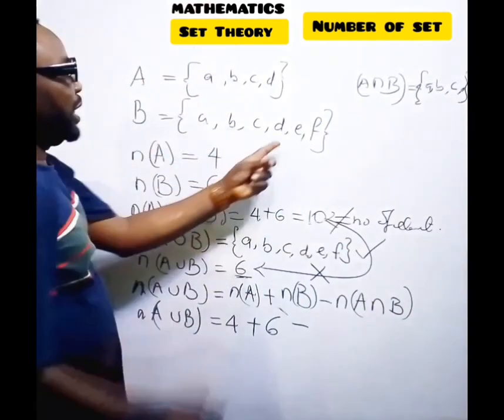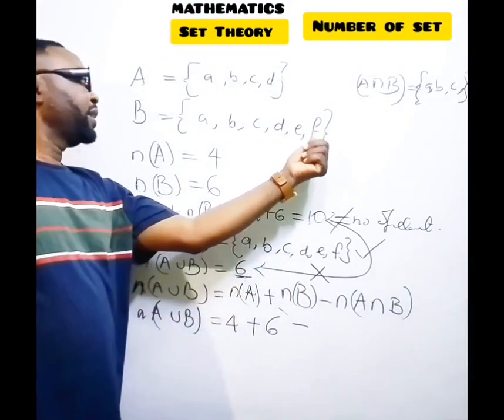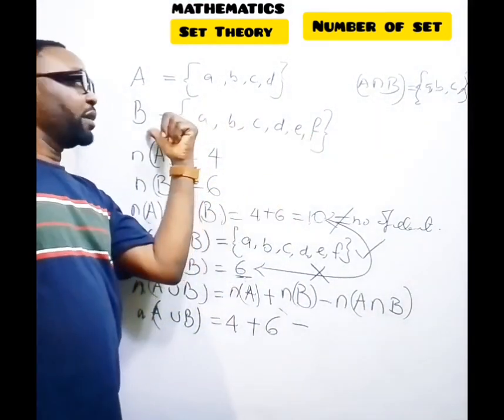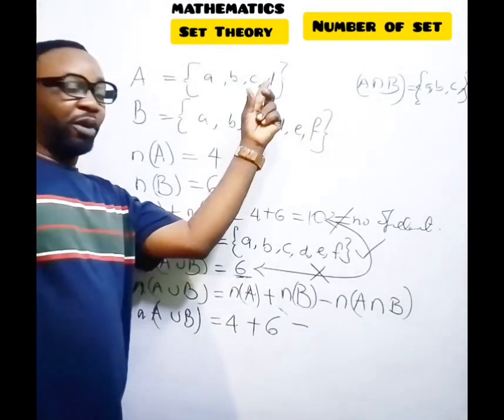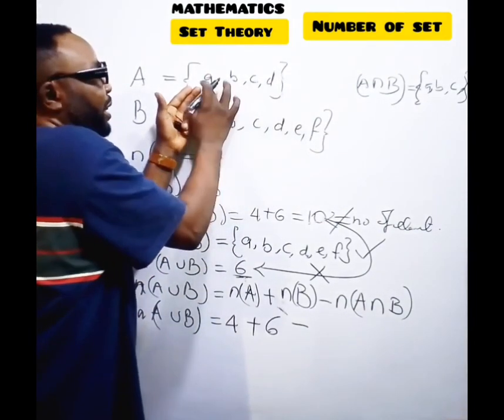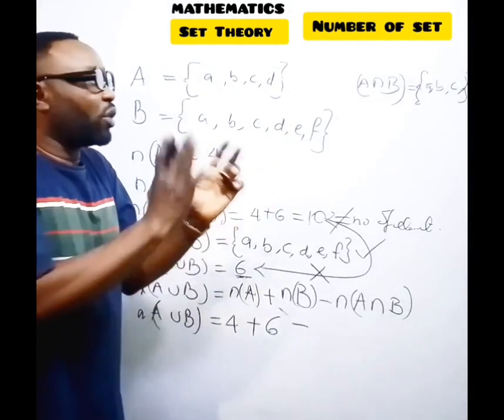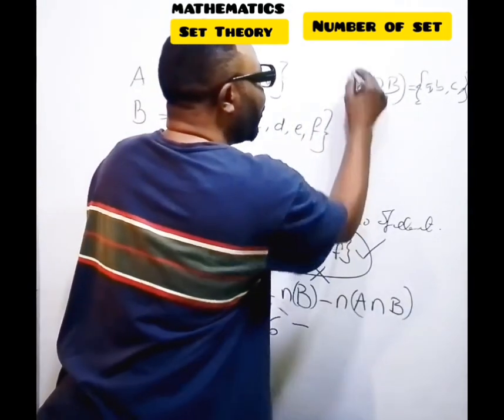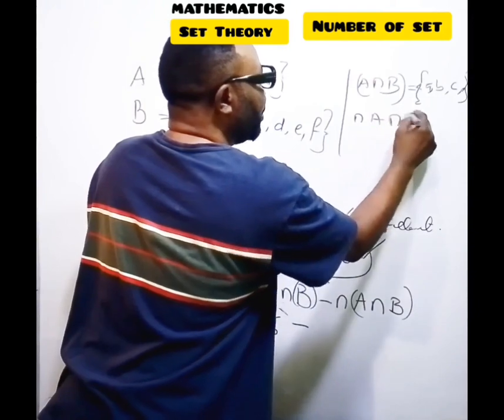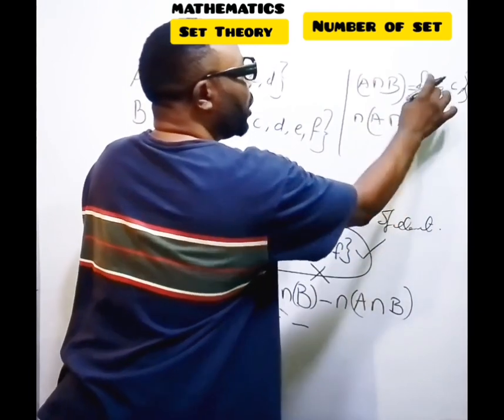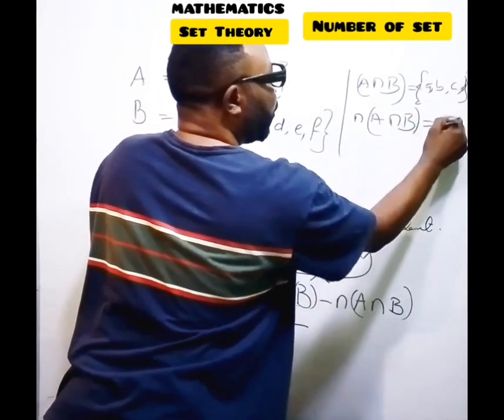You can see that E and F are only found in set B, not available in A. So the common elements are A, B, C, D, which is in A and also in B. So n(A intersection B) is 1, 2, 3, 4.